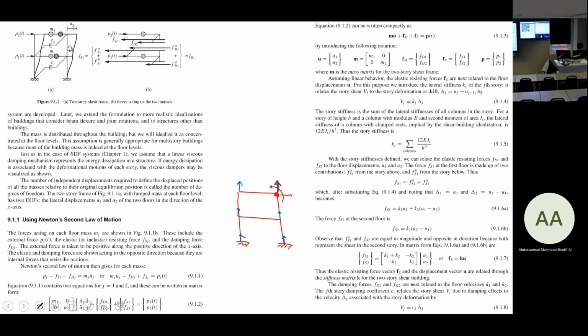So from those 12, we are eliminating 4 of them. So we get down to 8 degrees of freedom, right? Another assumption is that I assume this is not 0, but I assume this is equal to this one. I only take 1 degree of freedom for both of them, because the lateral stiffness of the slab is very large, and the slab is rigid. And since the slab is rigid, the 2 sides of the slab deform identically.